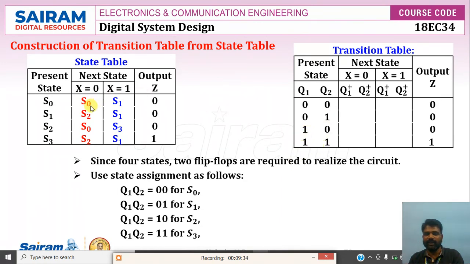When x is equal to 0, the next states are S0, so 0 0; S2, so 1 0; again S0, 0 0; and S2, 1 0. That completes x equal to 0. When x is equal to 1, the next state is S1, so we write 0 1; again S1, 0 1; S3, 1 1; and S1, 0 1. Correct? This is the transition table.